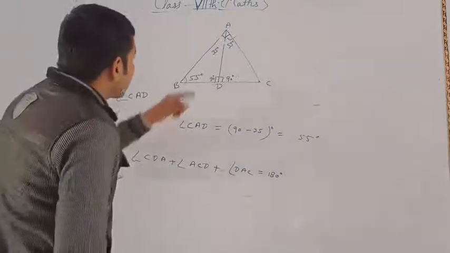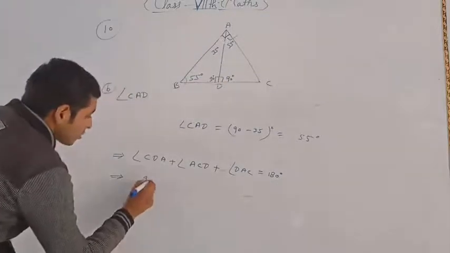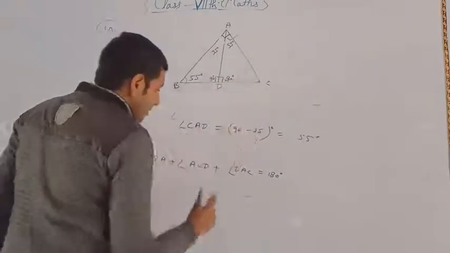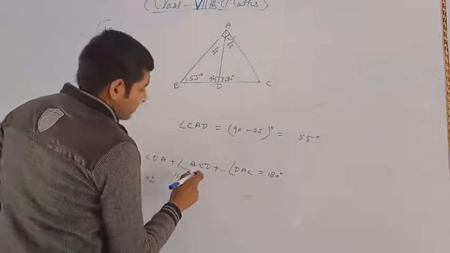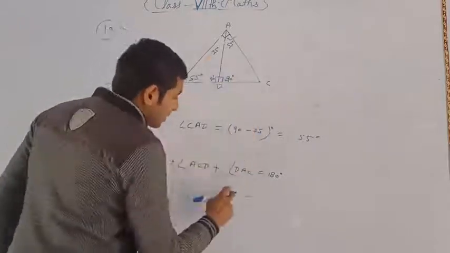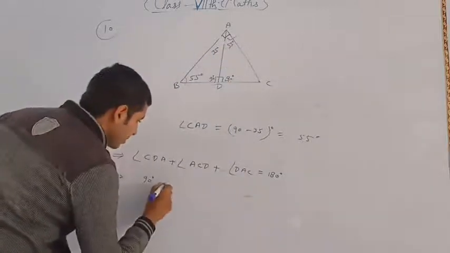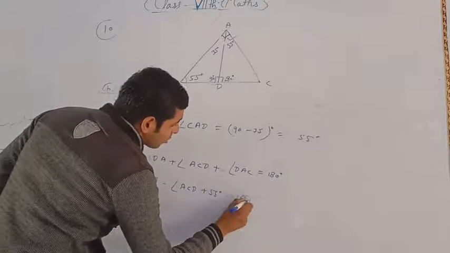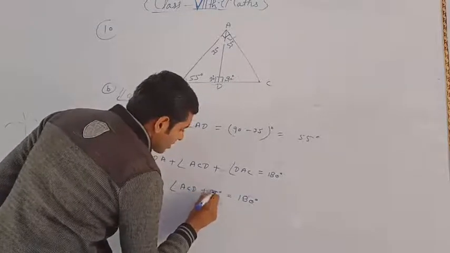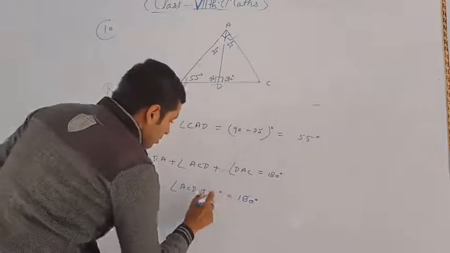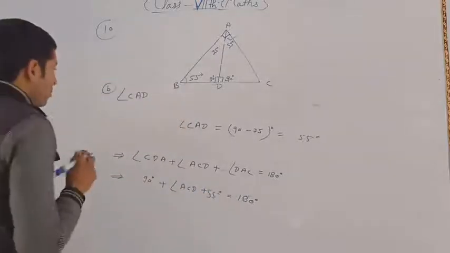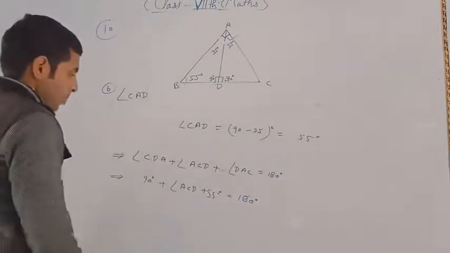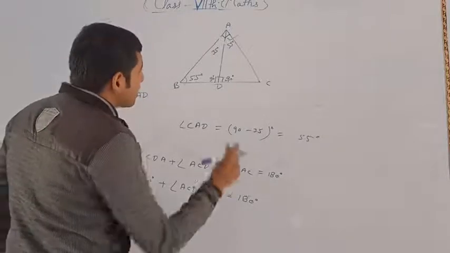Given angle CDA is equal to 90 degrees, and angle CAD, or DAC, is 55 degrees, so 90 plus angle ACD plus 55 is equal to 180 degrees.